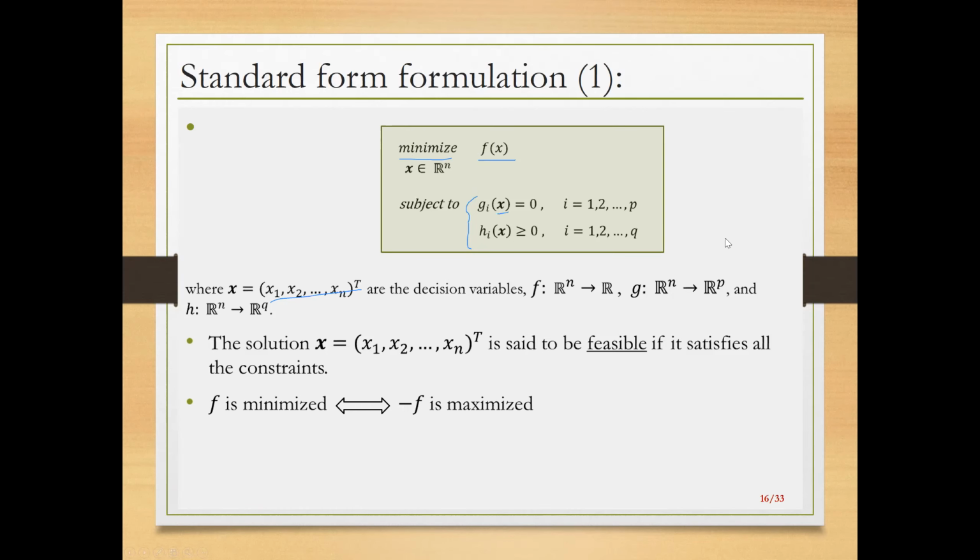So if you have maximize f of x and I say write it in standard form, you just convert maximize into minimize, and for f of x you put minus f of x. That's it. It's basically the same because it's symmetric. When you negate the whole function, you're trying to find the opposite of what is required: if it's minimized, you're maximizing it, and if it's maximized, you're minimizing it. Is it clear?